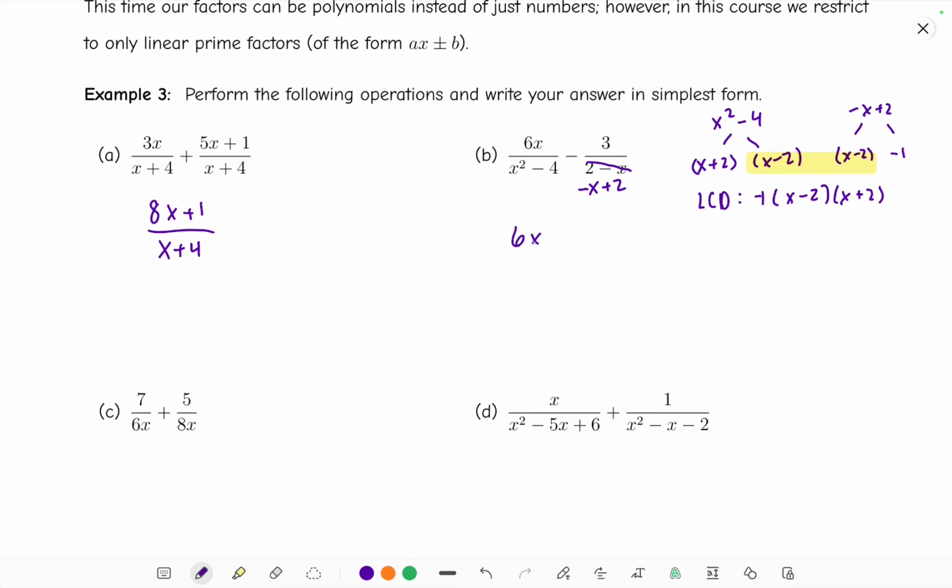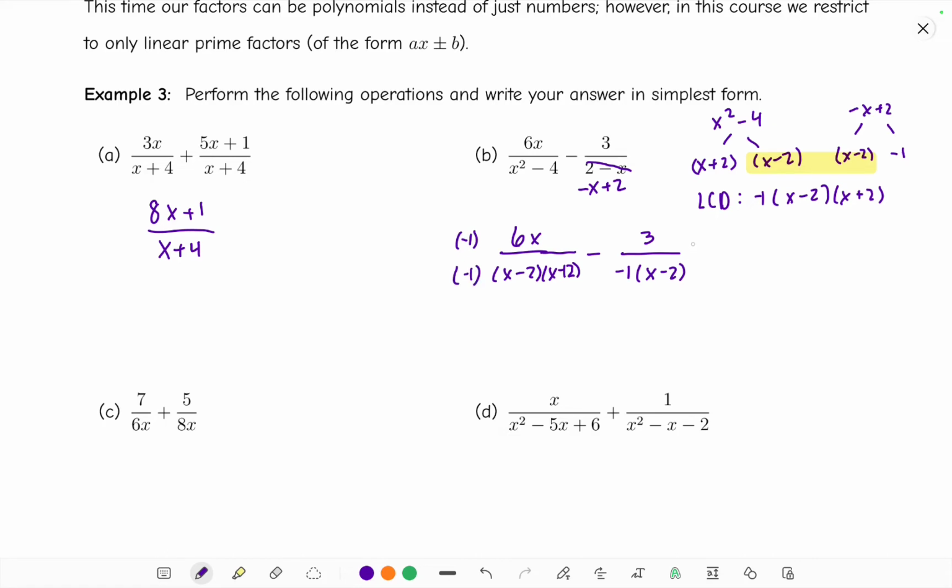So let me rewrite this, though, because we have x minus 2, x plus 2, minus 3 over negative 1 times x minus 2. So you'll see that the first one, we need to multiply by negative 1 over negative 1 to get the LCD.